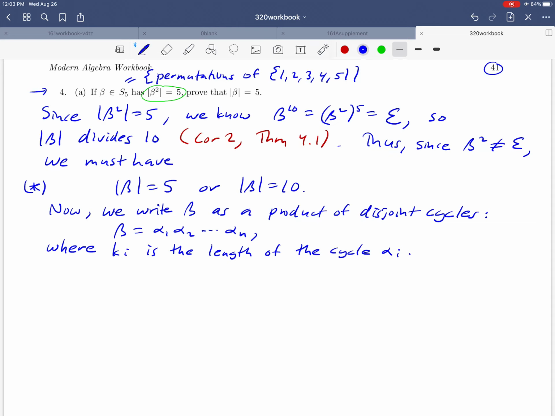Well, if that's a product of disjoint cycles, we know how we would get the order of an element like that. It's going to be the least common multiple of the cycle lengths. So we'll make that observation.